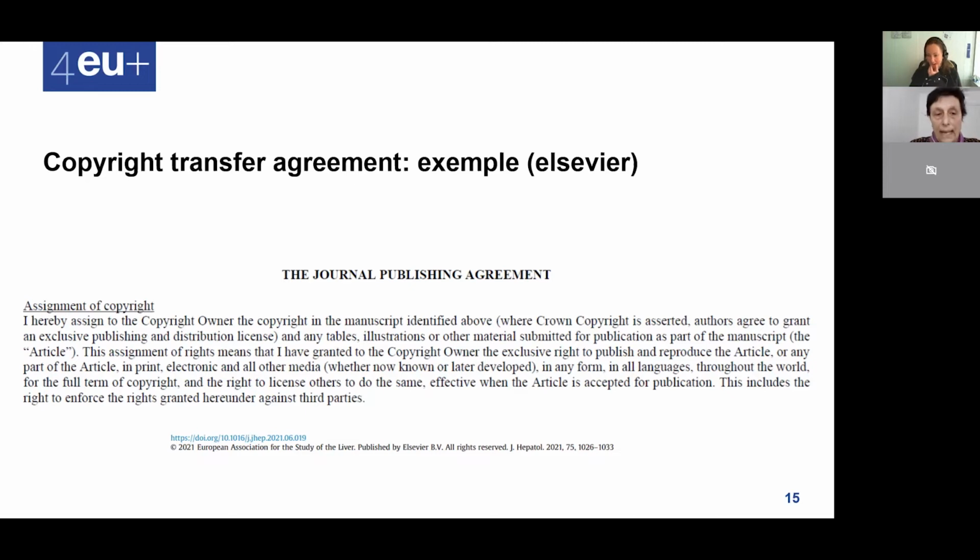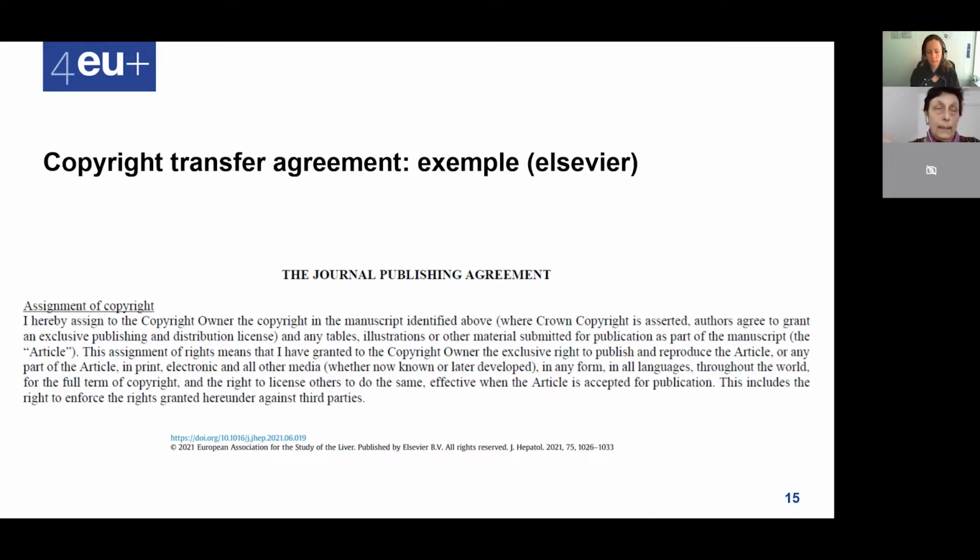And in this case, as you can read in this text, this assignment of rights means that I have granted to the copyright owner, that means to Elsevier, the publisher, the exclusive right to publish and reproduce the article or any part of the article in print, electronic, and all other media, in any form, in all languages, and so on. In an exclusive way, that means that the copyright owner receives these rights, and it is the only subject that receives this right.